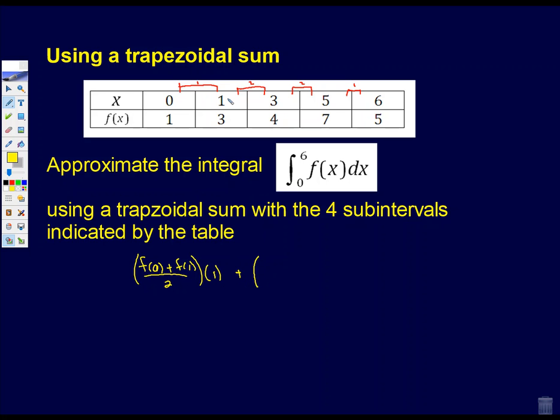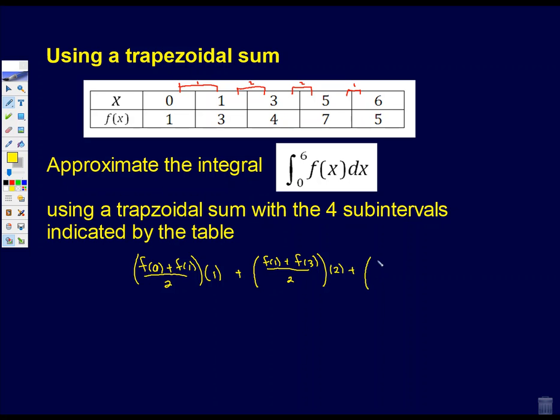The second one, I'm going to go from the x value 1 to 3, and average those together, multiplying that by 2. Don't want to forget the width.